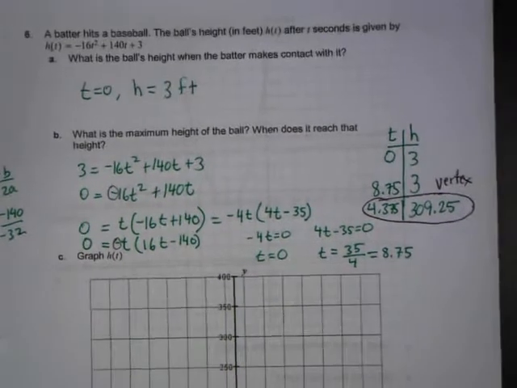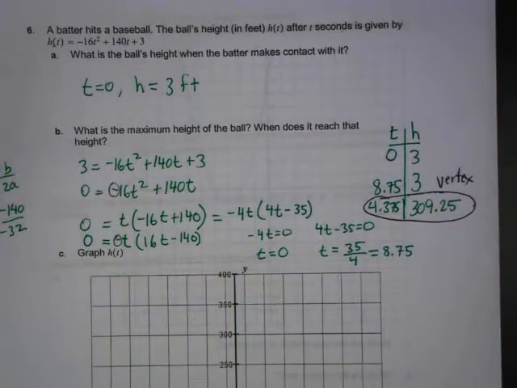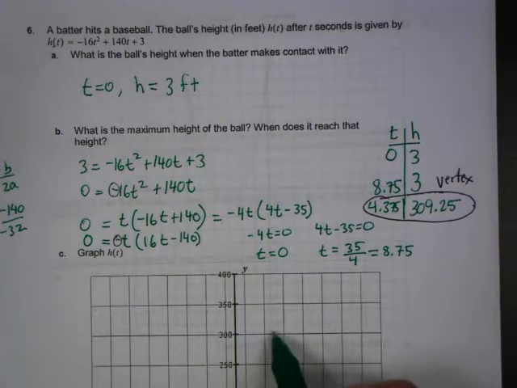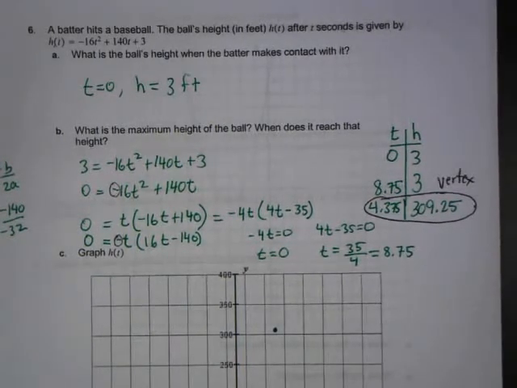Okay, so the graph. I've got 4.375. There's 3, there's 5. 4.375 would be somewhere in between. And then 309, just a little bit more than 300, right about there. And then I had 0.3, that's right about there, not very high up. And I had 8.75, right about there.